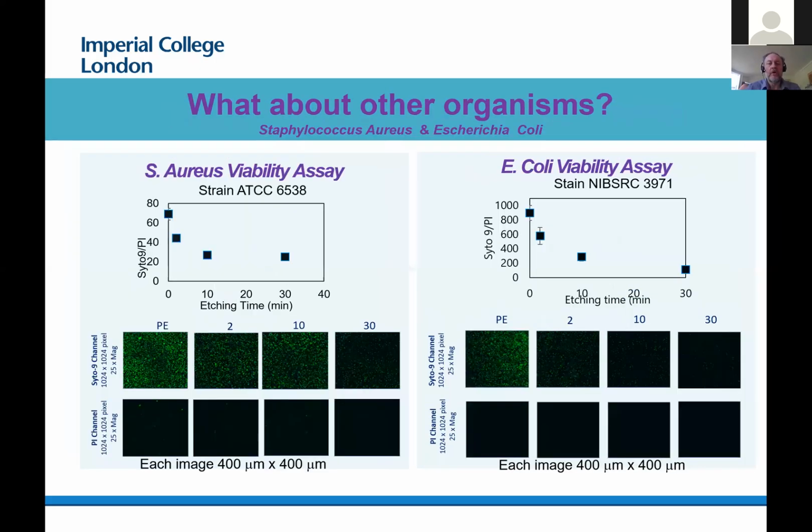Well, of course, we also had a look at some other bacteria, looked at a Staphylococcus and E. coli. Similar experiments, we looked at the effect of etching time on the viability of cells. And what you can see in the graphs that I'm showing you here at the moment, that for the Staphylococcus, there was a decrease in the viability from about 70% down to about 20%, so a reduction of about a factor of 3.